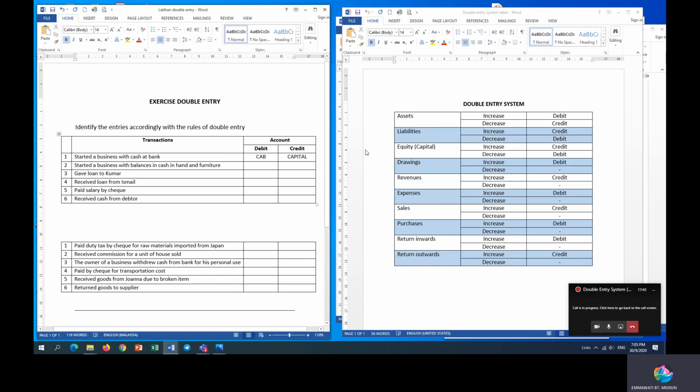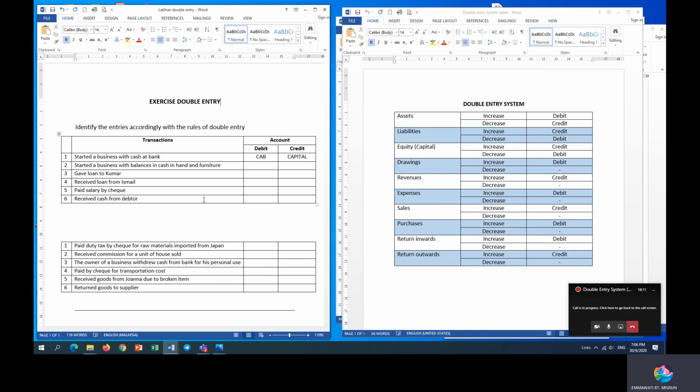Our discussion is based on this double entry system on your right, and what we have on the left is a simple exercise on how we should go through all those 3 steps of double entry practice in journal and ledger.